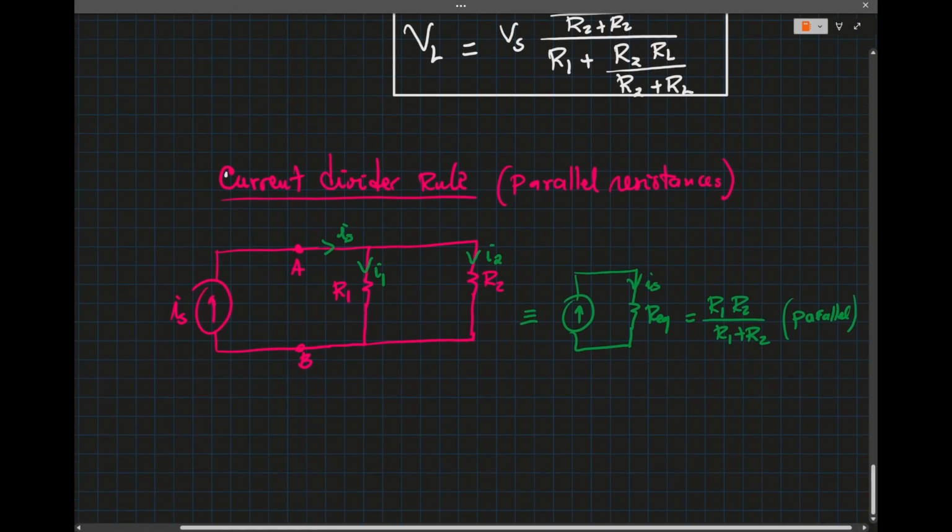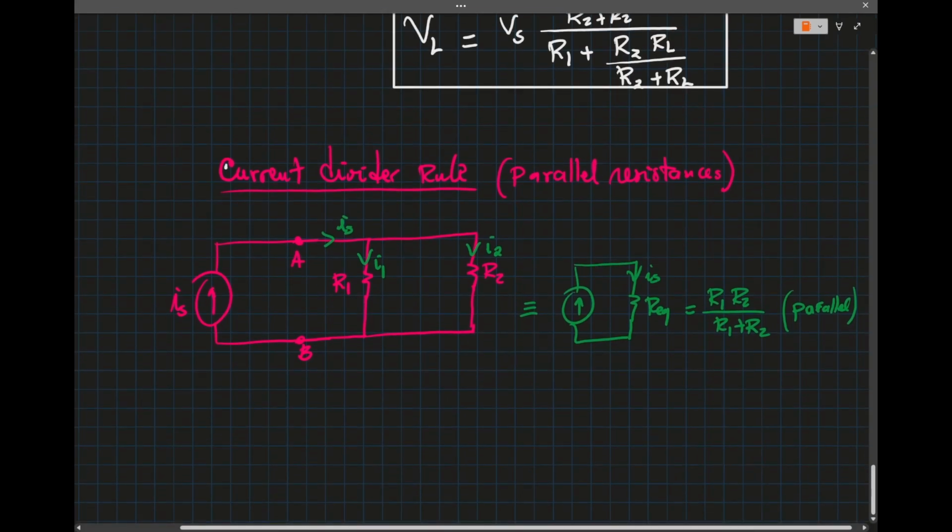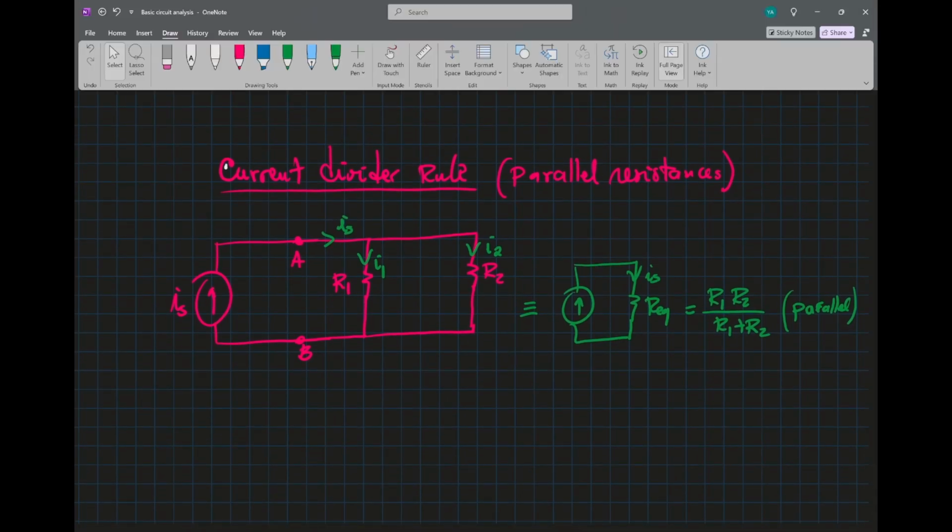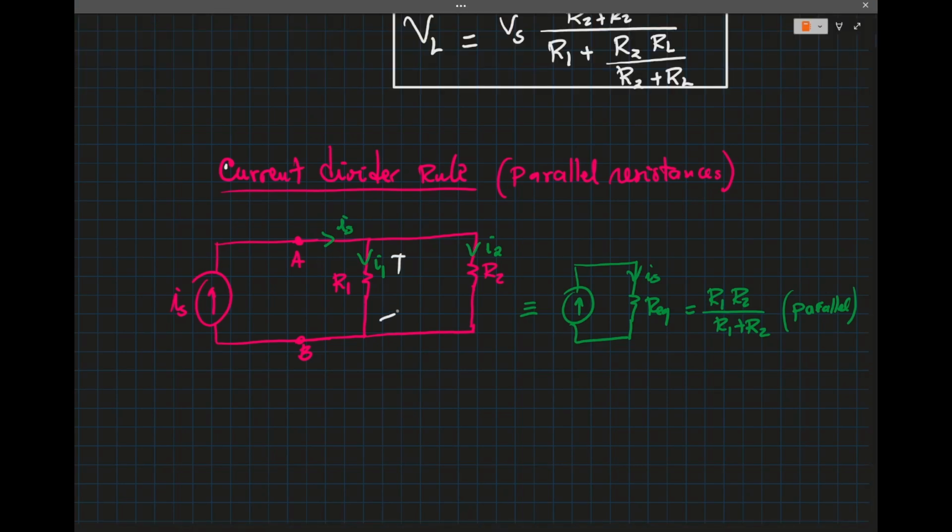Okay, so that means the voltage here is the same voltage here. So Vs equal to Is times R equivalent, and then we know that is also I1 times R1, right, because they're in parallel.